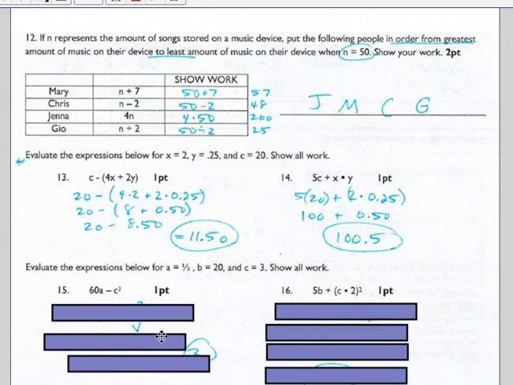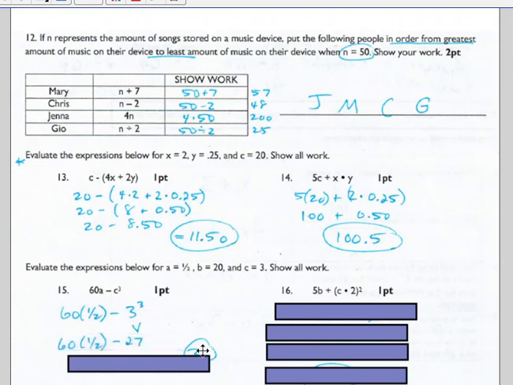In 15 and 16, it was the same kind of thinking, but now you have new values for A, B, and C. So again, if we substitute first, that's what we're substituting in there, and then we start solving that, and we end up with an answer of 3. If these are going too quickly, pause it, slow it down, take your time, and then come back when you're ready.